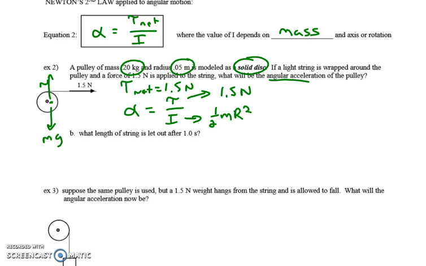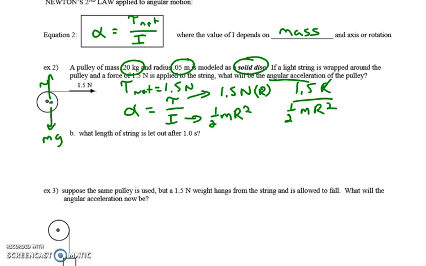Whoops, my bad. My tau here is going to be 1.5 times the r. That's the radius. I made this classic mistake of confusing it with force. So I have 1.5 newtons times r all over 1/2 mr squared. If we do that, we get 1.5 times r over 1/2 mr squared.